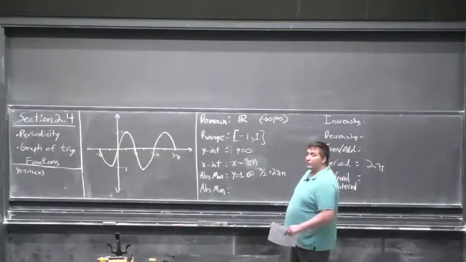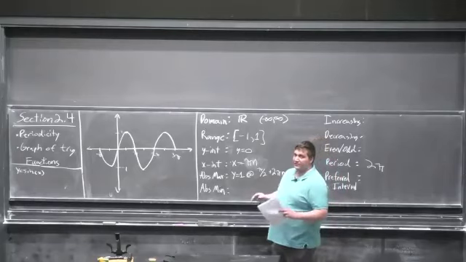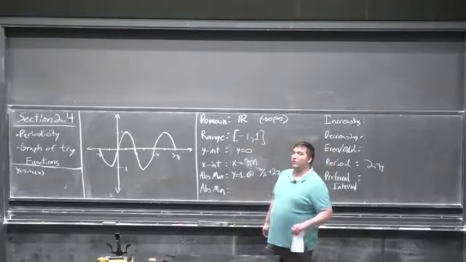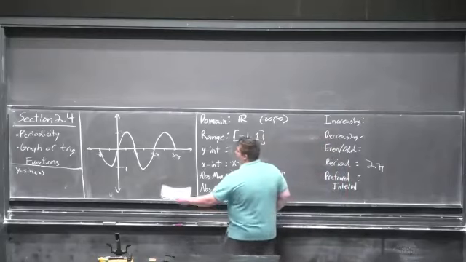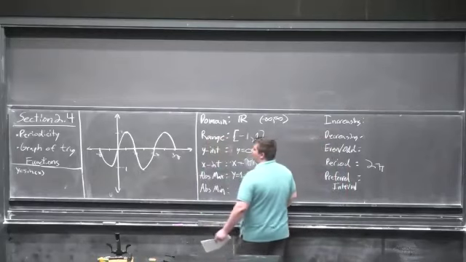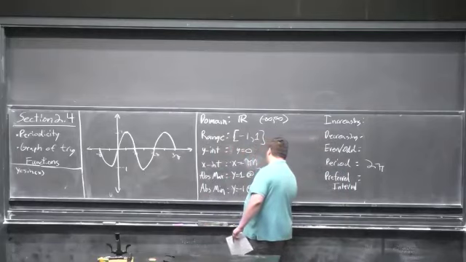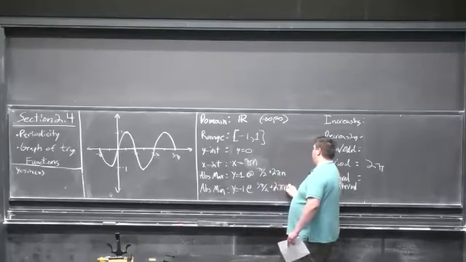Now, what's important is I'm using pi over 2 because I want to reference an angle within my first interval, my preferred interval, and we'll talk more on that later. Absolute minimum, when's that obtained? That's obtained here, and that is 3 pi over 2. So the absolute minimum is y equals negative 1 at 3 pi over 2 plus 2 pi n.